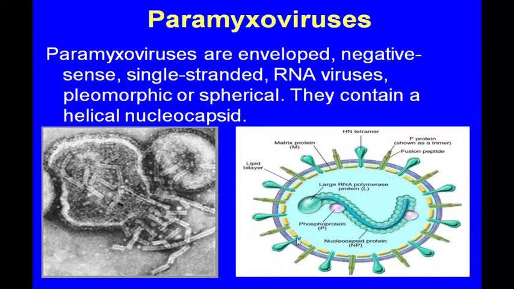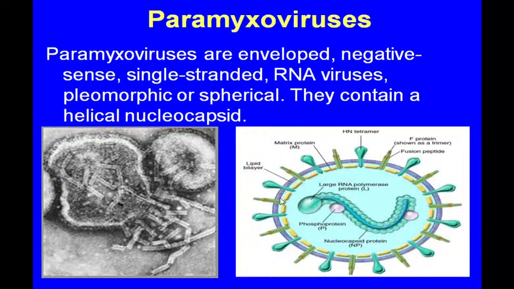Then the envelope is lined from inside with the M matrix protein. The function of the matrix protein is to mediate the interaction between the glycoproteins and the nucleocapsid, so it is like one extra layer.